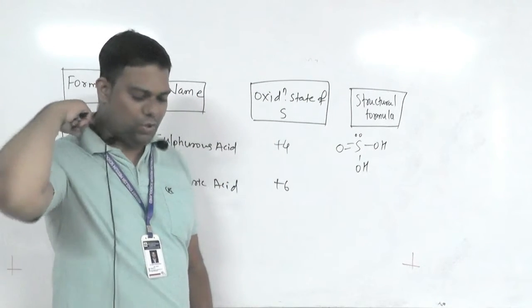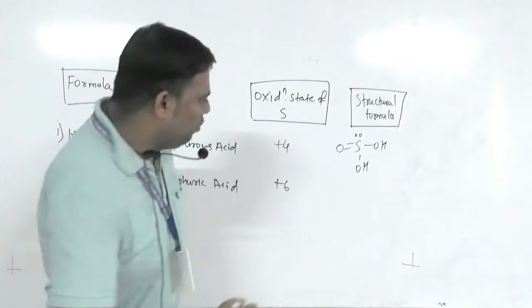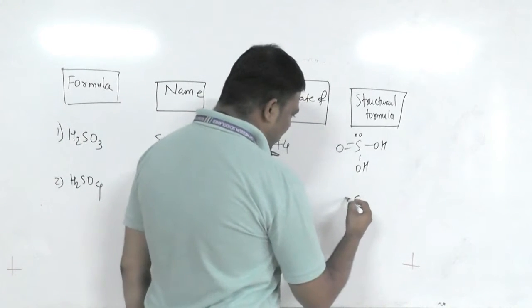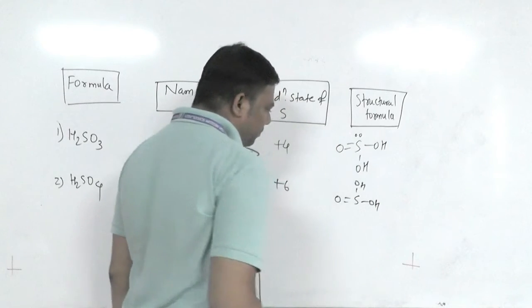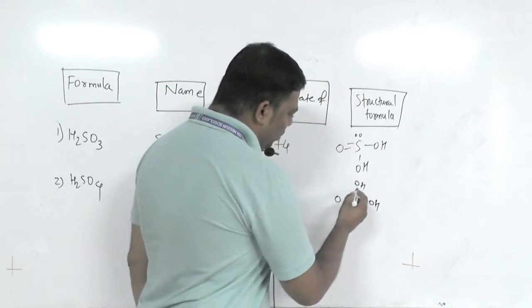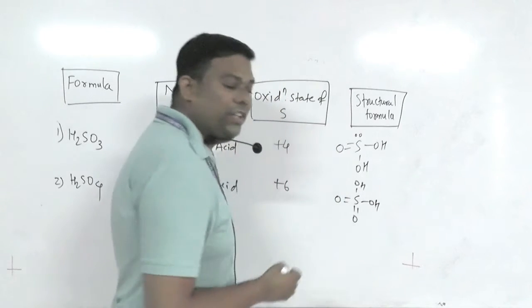I hope you understood this. Now see the structure, like this: OH, OH, 1, 2, 3, 4, 5, 6.